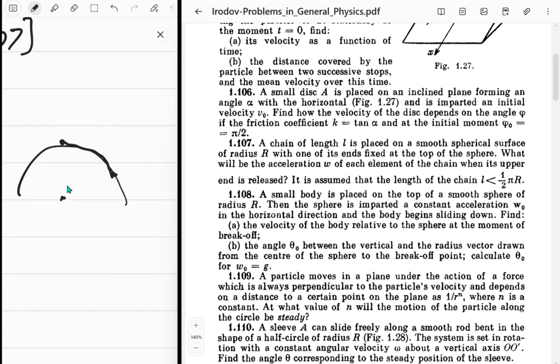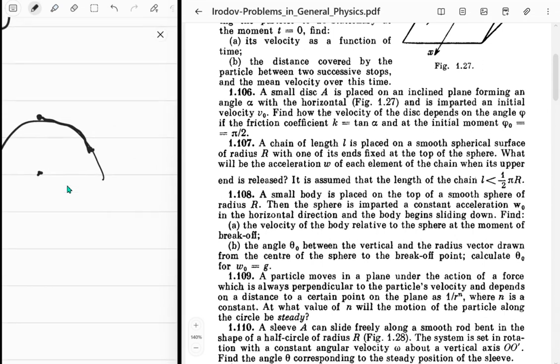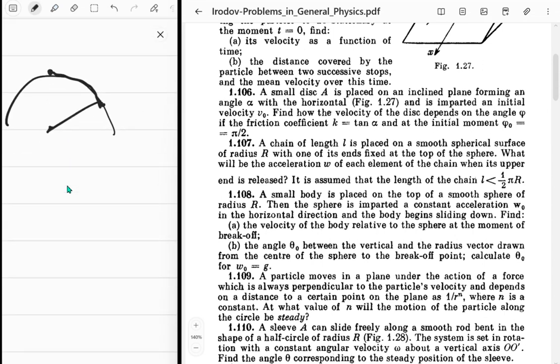And we just want this when it is released, not for the time when it's going down. Fine, no problem. So just need to figure out the torque on this about this point.